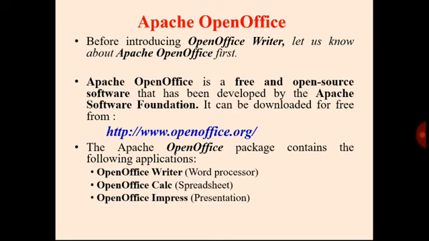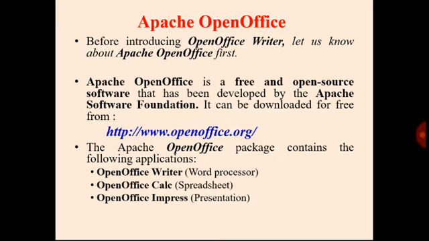Before introducing OpenOffice Writer, let us know about Apache OpenOffice first. Apache OpenOffice is a free and open source software that has been developed by the Apache Software Foundation, and it can be downloaded freely from the link www.openoffice.org.